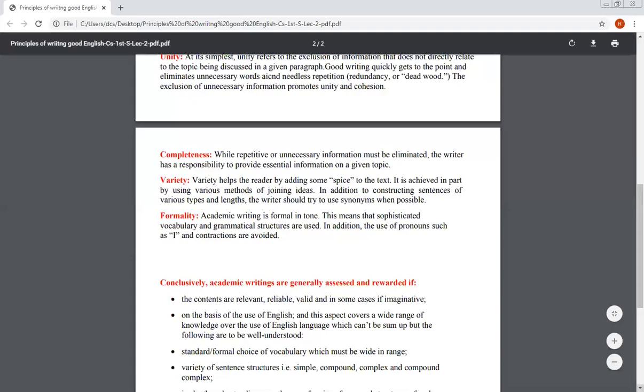Tone refers to the style of writing, developing a composition, and the register is meant for the overall use of your language. Both things are very important. We must be well aware of both of them.